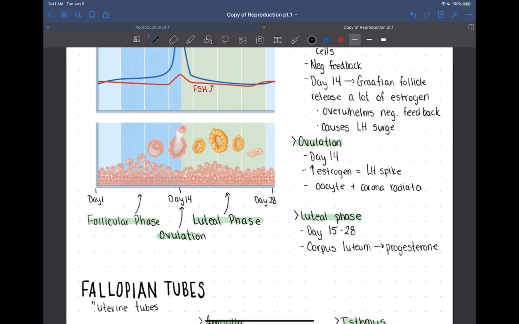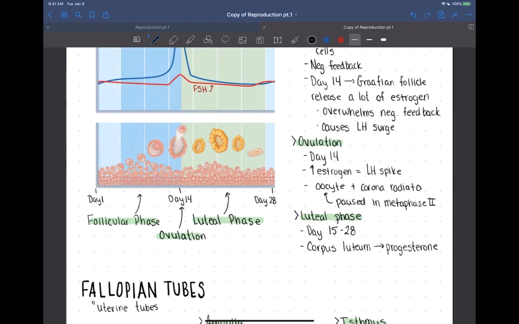And remember, this oocyte is paused in metaphase 2, just a reminder from what we just talked about. It's paused in metaphase 2 until it is fertilized, and then it will continue the latter steps of meiosis. Okay, and then we'll pick up on what happens with that egg a little later.